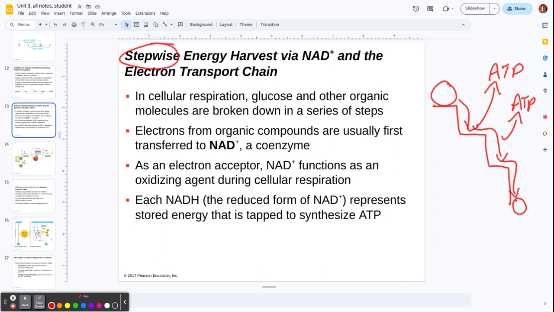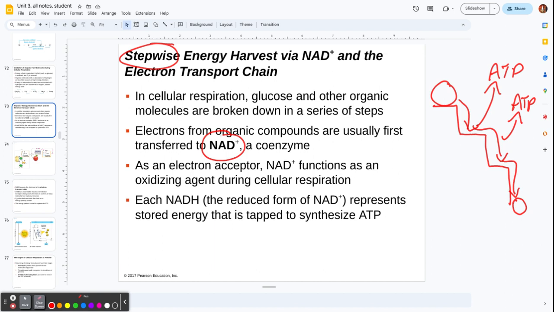In order to move an electron from one place to another, it isn't always given directly to the molecule, it's not directly given to oxygen. It has to be passed from the things becoming oxidized. It gets moved to this molecule called NAD.